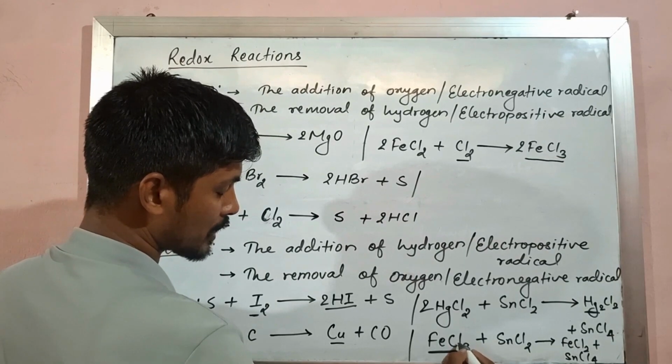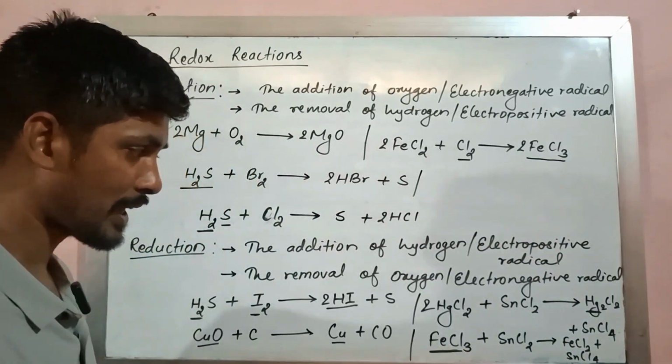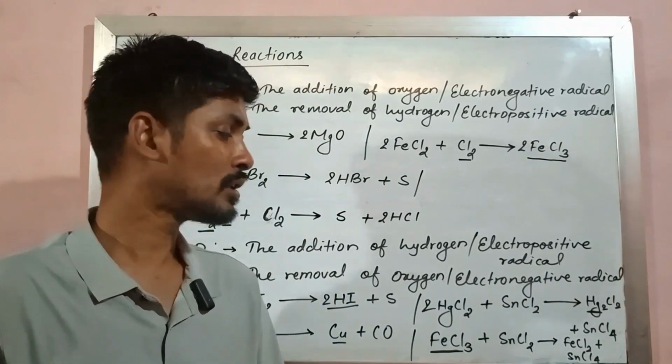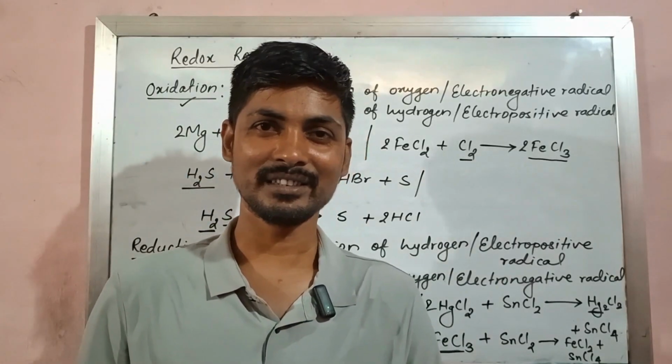One of the chlorine atoms is removed, and ferrous chloride is formed. So this is also one of the examples of reduction.